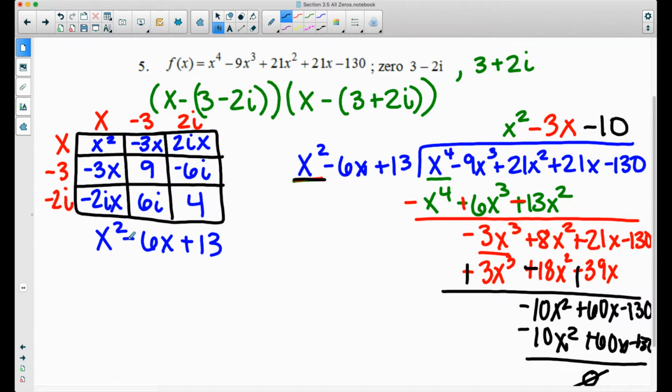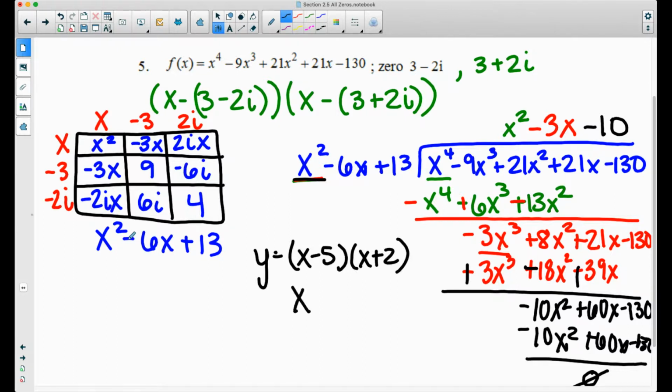Okay, so after doing long division, I should end up with x squared minus 3x minus 10. What are factors of negative 10 that get me negative 3? Negative 5, positive 2. Then I got the factors.